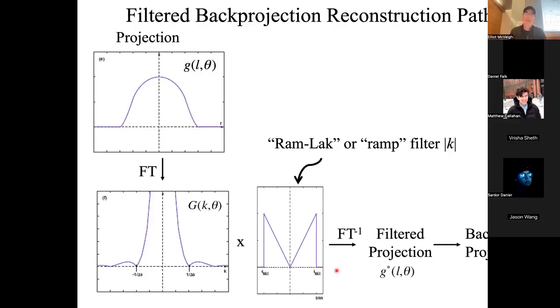And this is called a Ram-Lak filter for the two guys who invented it and came up with this method for reconstructing it. So what we can do, right, is just in Fourier space, we just multiply by K as we saw in the formula, take the inverse Fourier transform of that. That gives us these things, and we just back project those things to get the picture. Okay.